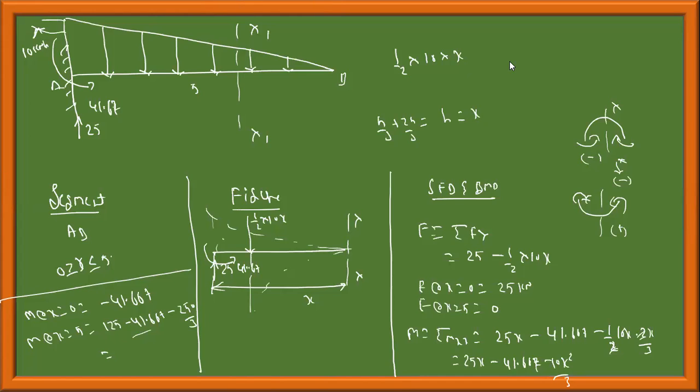Minus 0.0033. Tell me once again. Minus 0.00033, which is 3.3 into 10 power minus 4, which is 0. Okay, now we'll see the variation.